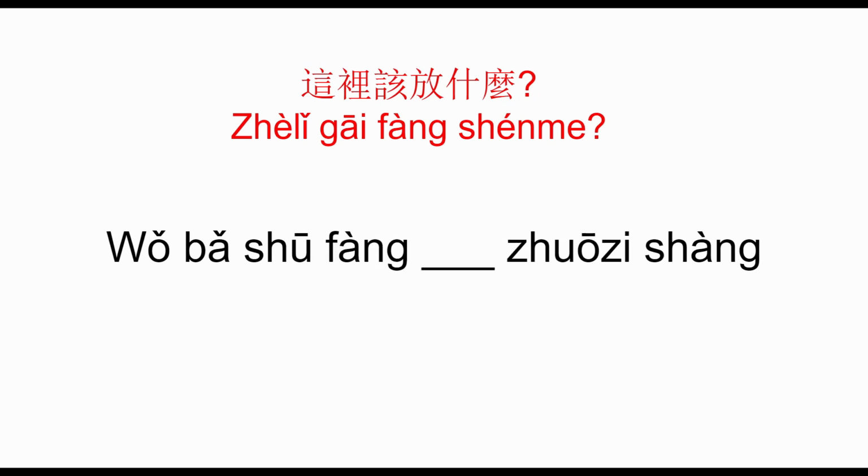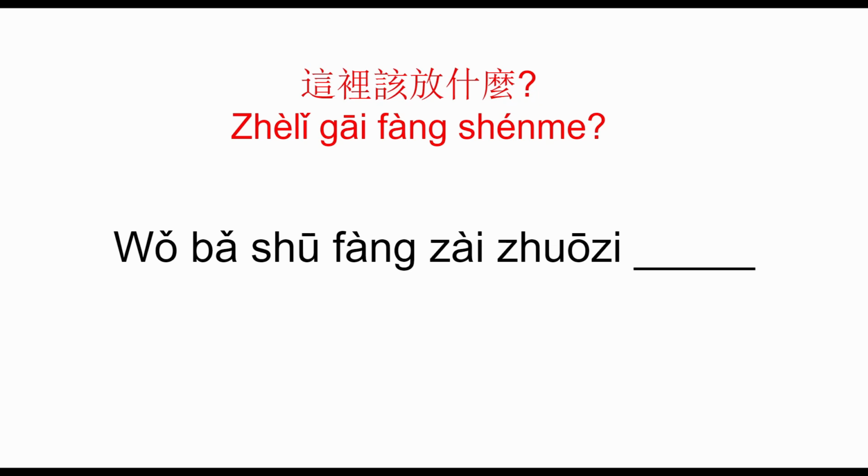这里该放什么? 我把书放 Beep. 桌子上. Do you remember the word for in, on, or at? Of course you do. 在. You got it. Good job. 这里该放什么? 我把书放在桌子. Beep. Okay, last one. What should we put in there? It doesn't have to be on.